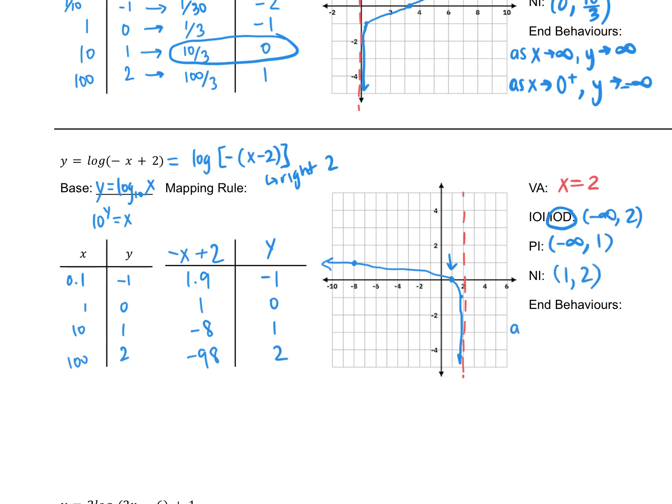And for end behaviors, our function is only going to -infinity. So as x approaches -infinity, it is heading up slowly, so y approaches infinity. And then as x approaches our asymptote of 2, and we're approaching it from the left, y is going down forever. So y approaches -infinity.